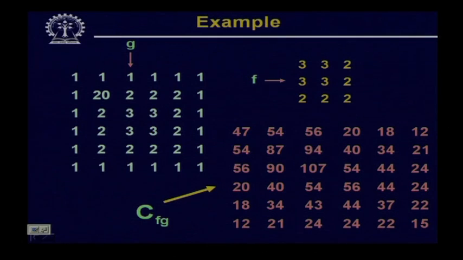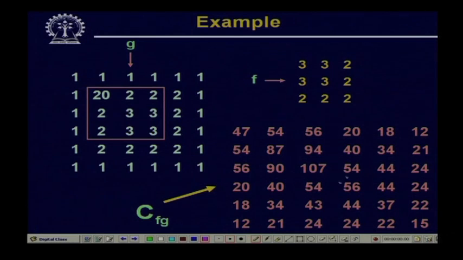Now, from this you find that the maximum cross correlation value is coming at this particular location, which is given by 107. And if I take the cross correlation values to be the similarity measure, that means this is where I get the maximum similarity.